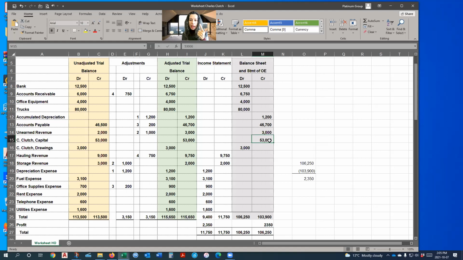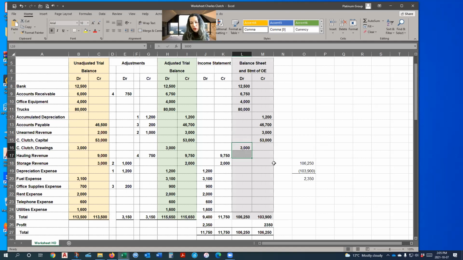So opening capital plus investments plus net income. So net income is in the statement of owner's equity, minus withdrawals, the $3,000, equals our closing owner's equity on the balance sheet. So all the elements are there for the statement of owner's equity.